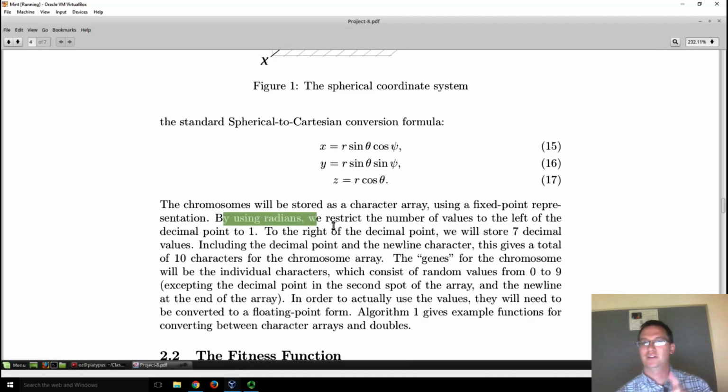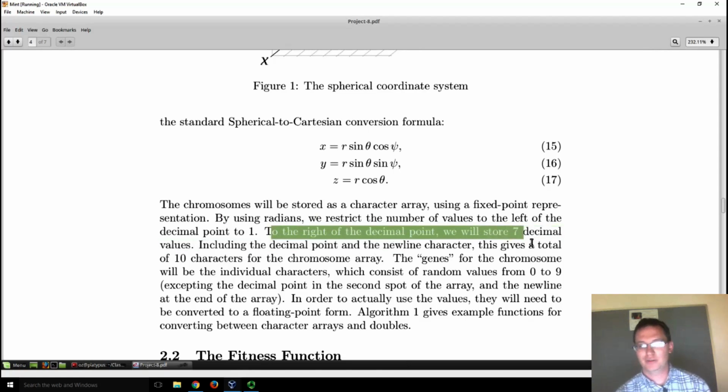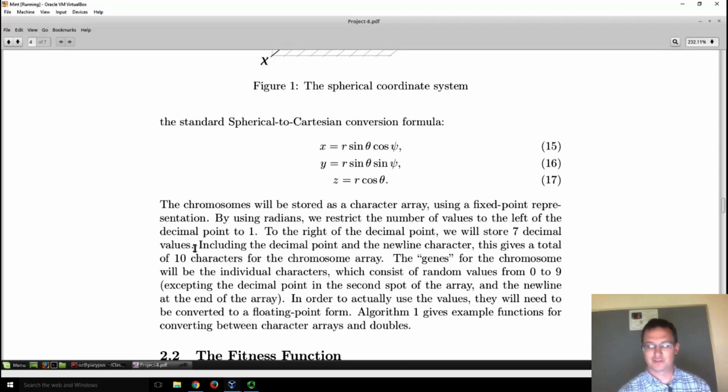If we were using degrees, we'd have to have 3 because we can go all the way to 360, but with radians, we only need 1. To the right of the decimal point, we are going to have 7 decimal values. This is kind of an arbitrary number. You could increase it to get more precision.